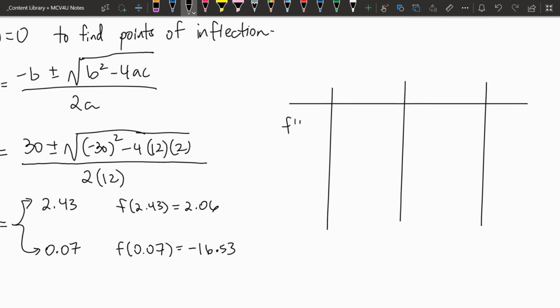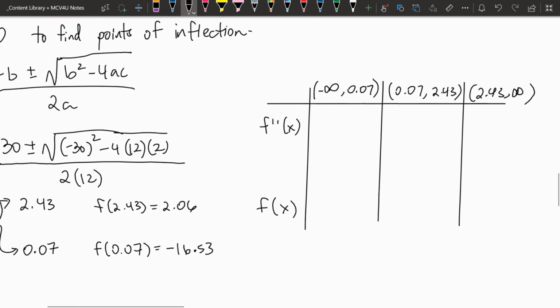We're going to look at the sign of the second derivative, and the sign of the second derivative will tell us the concavity of the function. So we're going to look at the interval from negative infinity to 0.07, the interval from 0.07 to 2.43, and the interval from 2.43 to infinity.